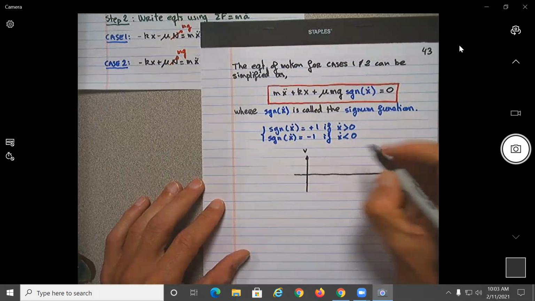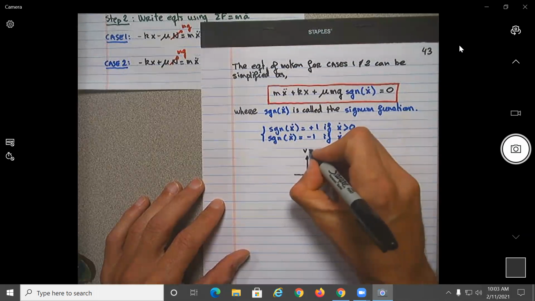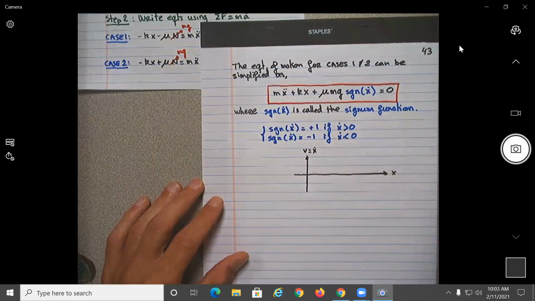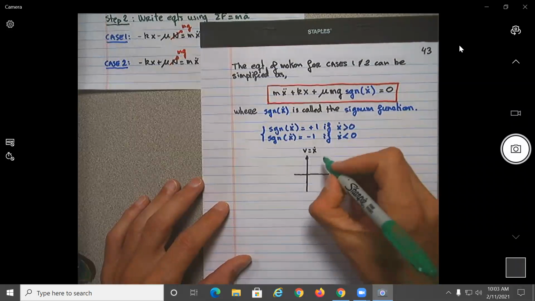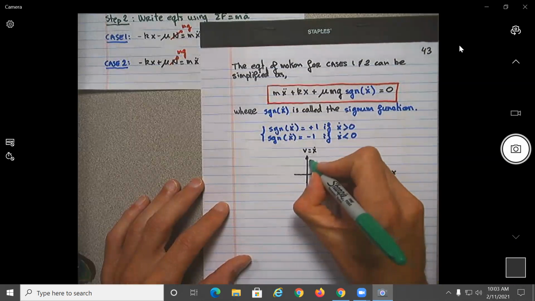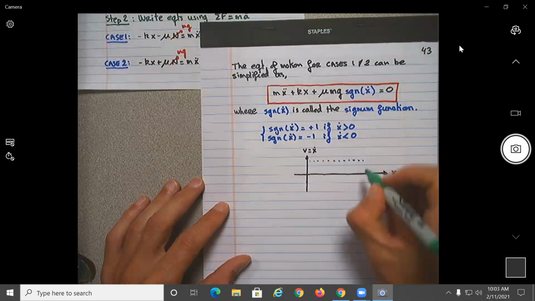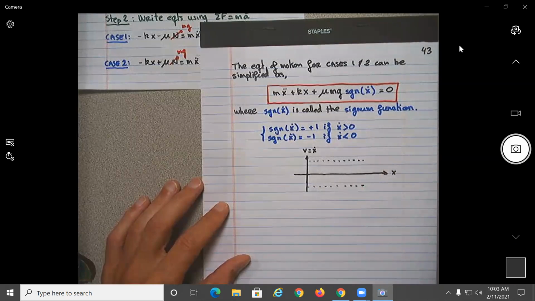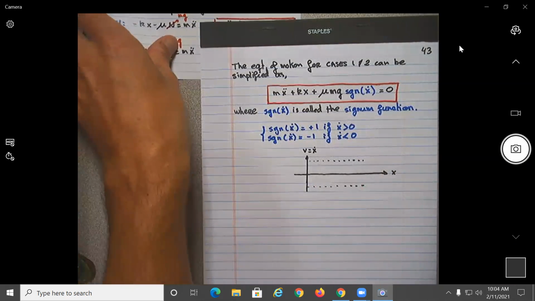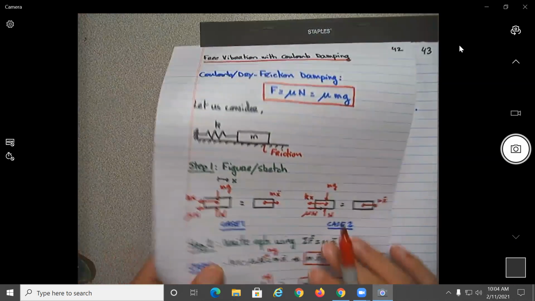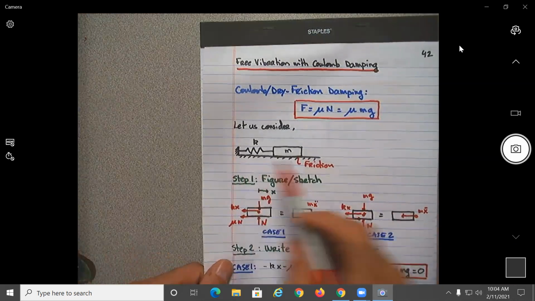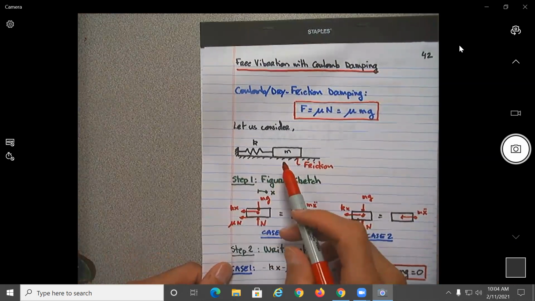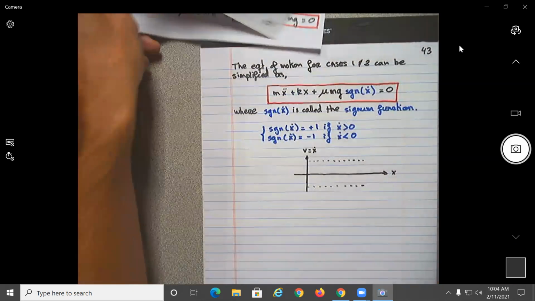All right, so this will be V, this will be X, this will be X dot. Okay, so what does that mean? All right, if we look at the motion of our system here, you agree this is going to oscillate back and forth to the left until it's going to stop, no? All right, due to the friction.